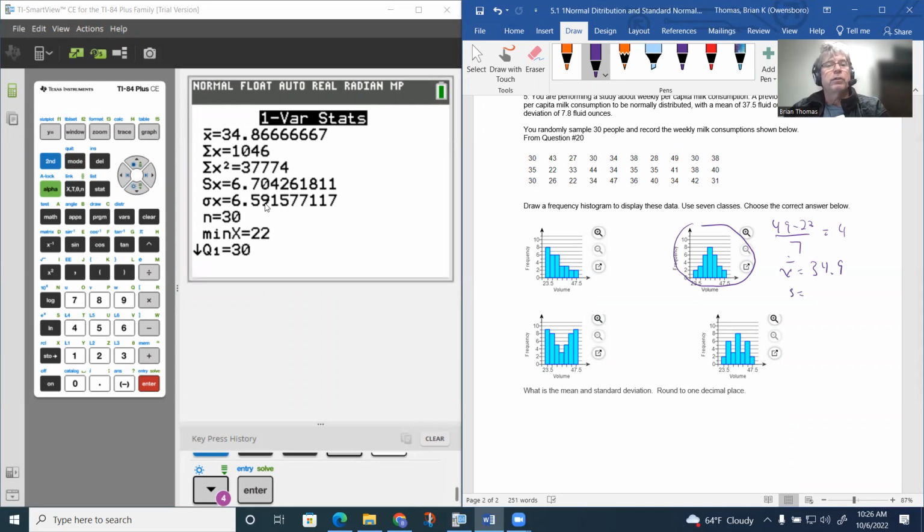S is going to be the Sx here. That's the standard deviation of a sample. Remember, sigma is for the population, and we did a sample. So the standard deviation looks like it's going to be 6.7. That's the trick sometimes: are they wanting the population or the sample? Remember, S stands for sample, and sigma stands for the whole population.